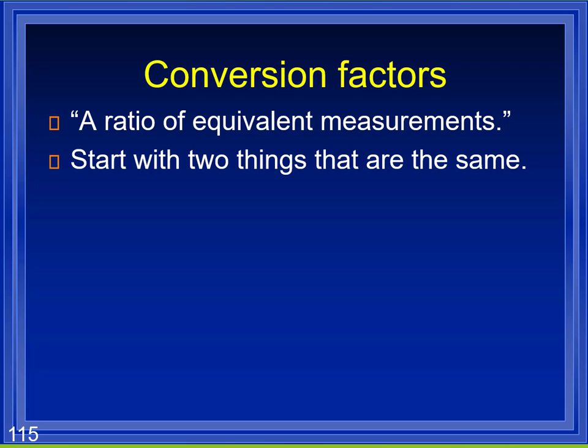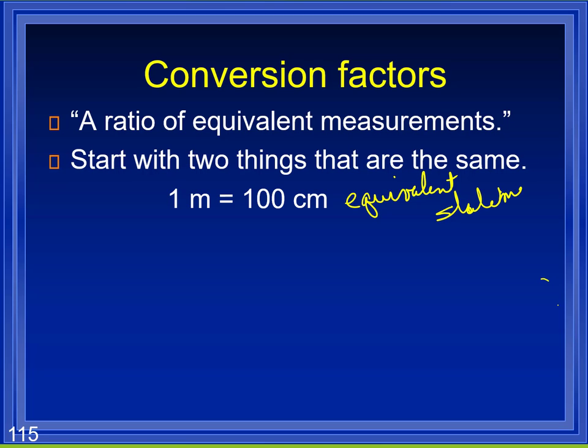So I have to start off with two things that are equal to each other, like 1 meter is 100 centimeters. So that's the equivalent measurements. Some places call this the equivalent statement, or equals statement. What's equal to each other? And you can look those up. Doesn't matter actually where you get them as long as you know two things are equal to each other.